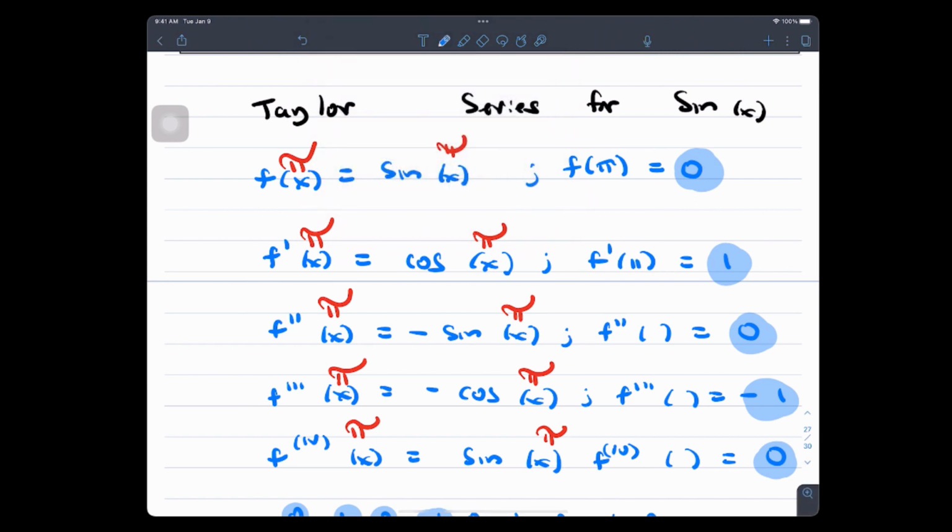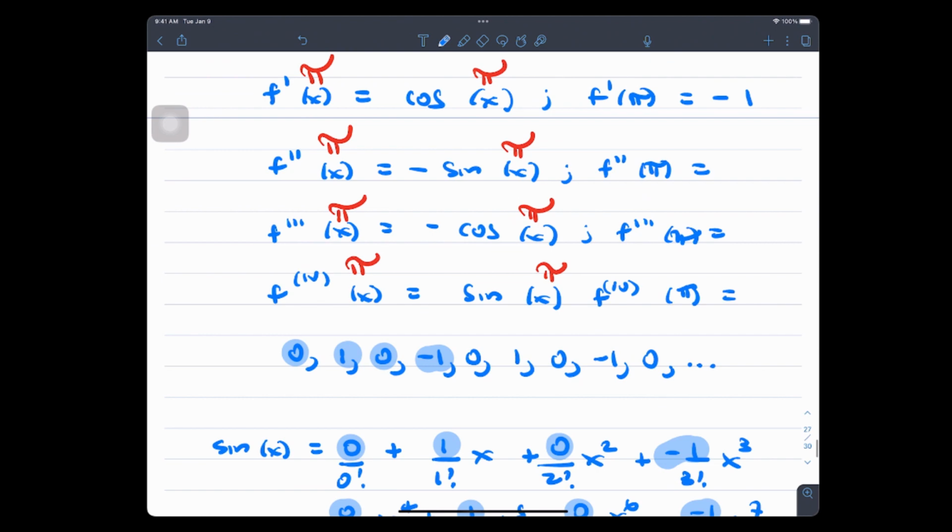What's the sequence now if we change this to pi? And you go, oh my God, you're using the language of sequence. Yeah, we know about sequences. So sine of pi now, that's 0, is that true? What's cosine of pi? -1. And this will be 0, and this will be +1, and this will be 0.